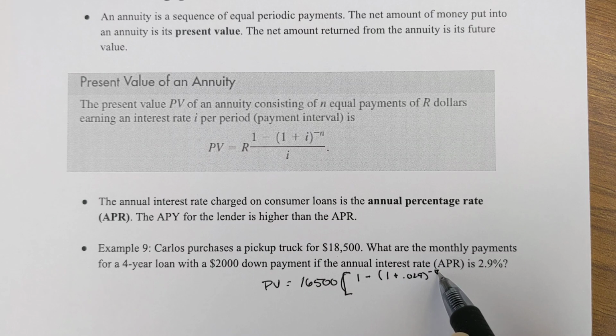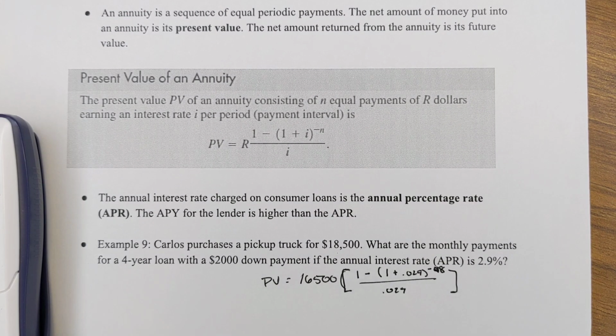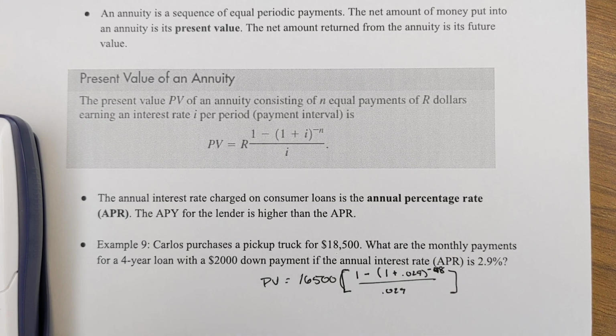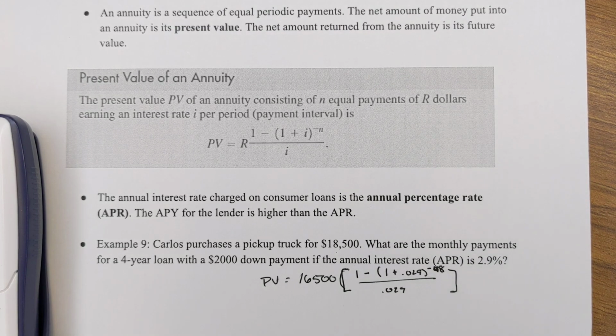It's monthly, a 4-year loan, so that's going to be 48 payments, over 0.029. So let's work this out: 1 minus 1 plus 0.029 raised to the negative 48th, divided by 0.029, times that. Well, that is definitely wrong. Let me do some research here real fast.